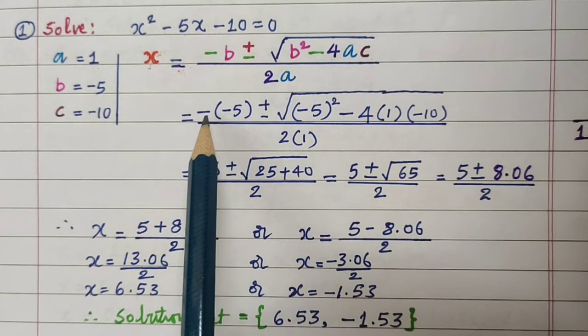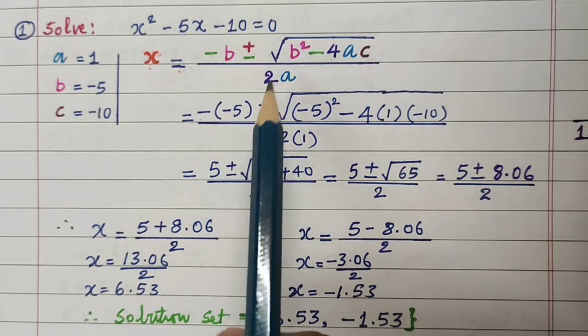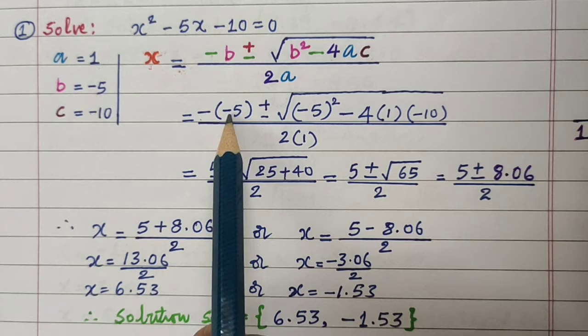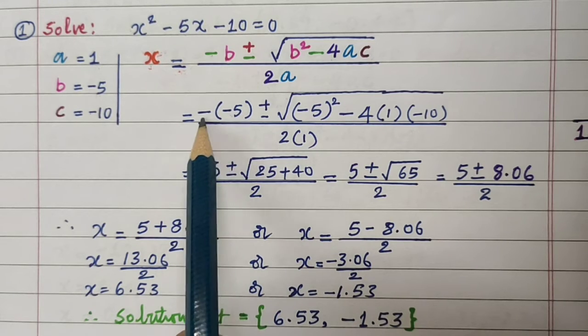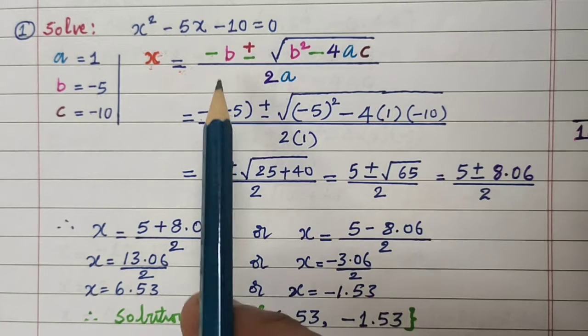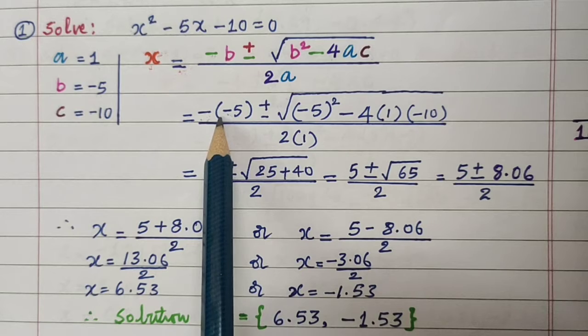Be careful, write minus here, open the bracket, then you write this minus 5. If you write straight away minus 5, you may not write this minus. Minus into minus will become plus 5, because already one minus is there. If you straight away write minus 5, that will become minus 5.